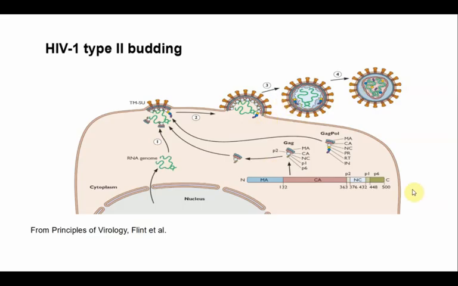I don't really know why the protease is inactive until the particle is released, and I think it might just be because of a kind of molecular proximity. The active form of the HIV protease is a dimer. So if you've got one GAG-POL polyprotein with just one monomer of protease, it's not active.